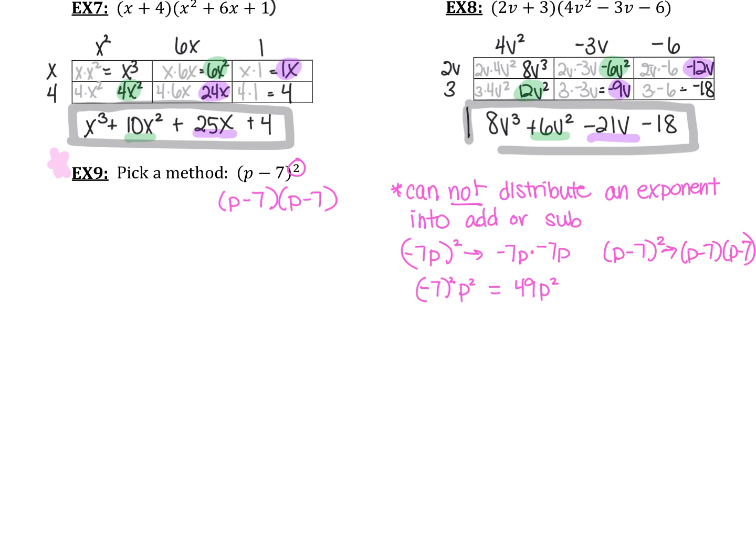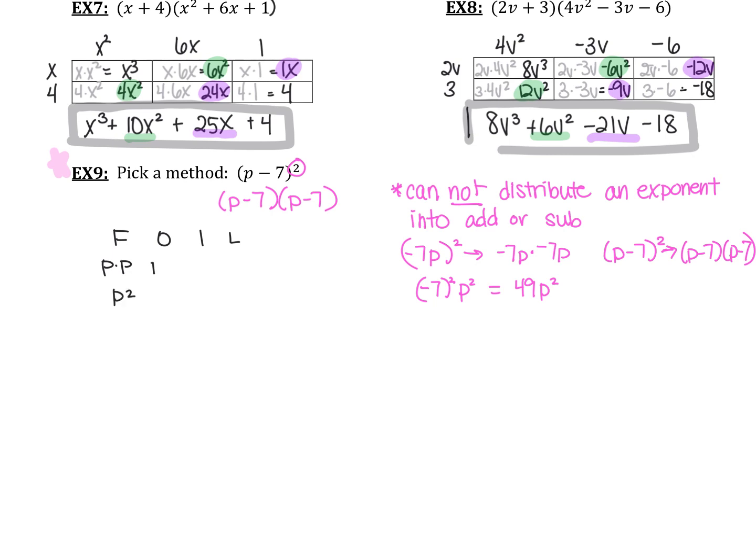So what I want you to do is hit pause and try number 9 and tell me what polynomial we get when we do p minus 7 squared. Pick whatever method you would like. All right, I'm going to choose foiling because that's how it's written. Actually, I'll show you both. If I do foiling, my firsts are p times p, or p squared.